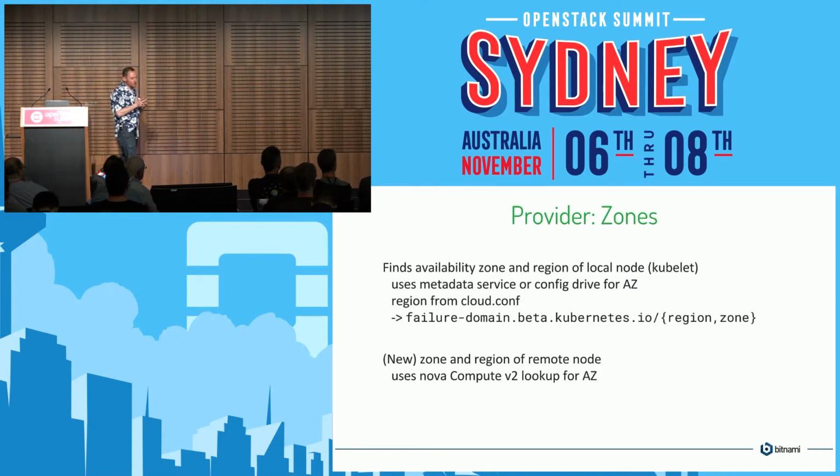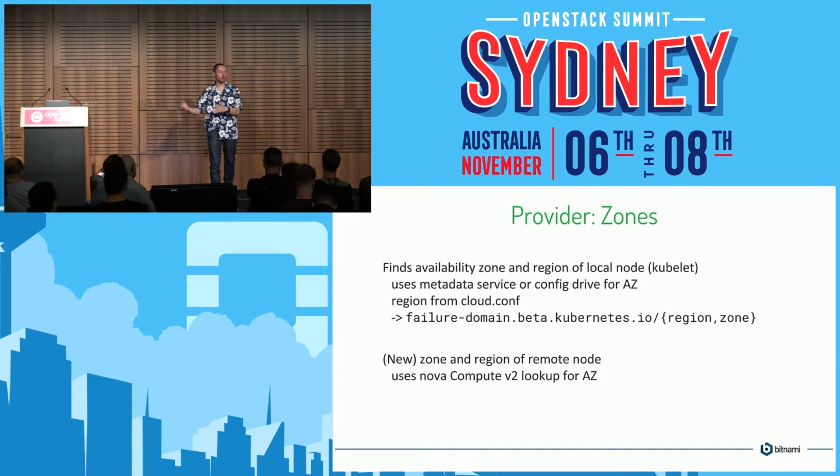All right. That was the hard one. Zones is a much easier one. Zones just looks up the availability zone and the region, if you've configured a region, and they turn up as those labels in Kubernetes. Then when you're working in Kubernetes, you can say, I'd like to only schedule this pod on nodes that have this label.